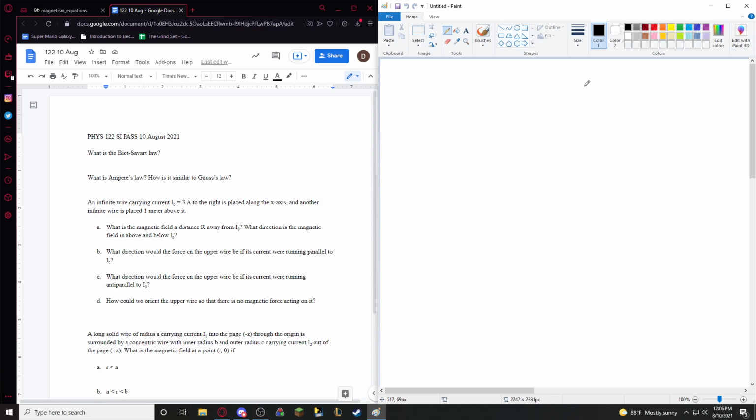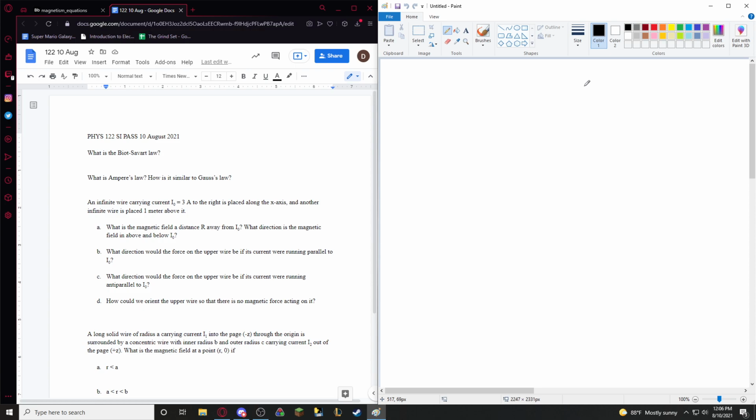If we have a Gauss's law problem on a quiz, what was the final quantity that he was usually asking for? What was the electric field? Exactly. So in this case, we use Ampere's law to find the magnetic field.